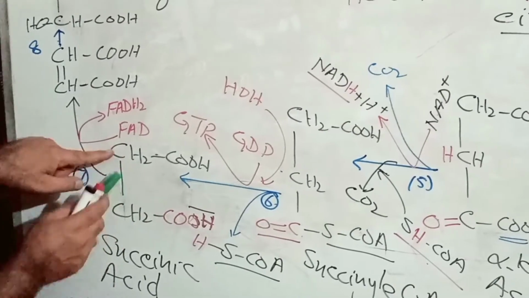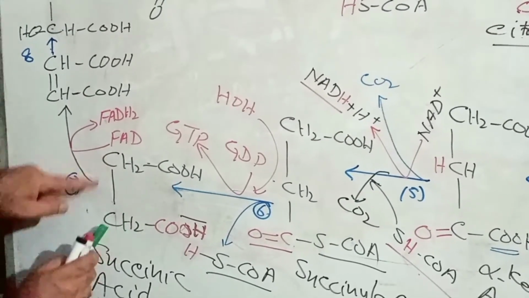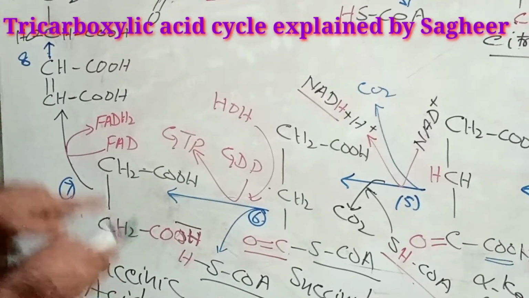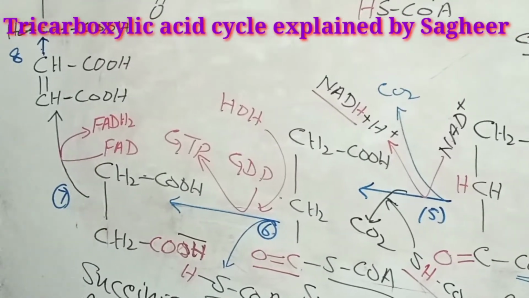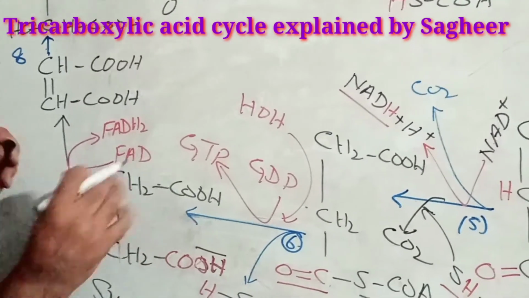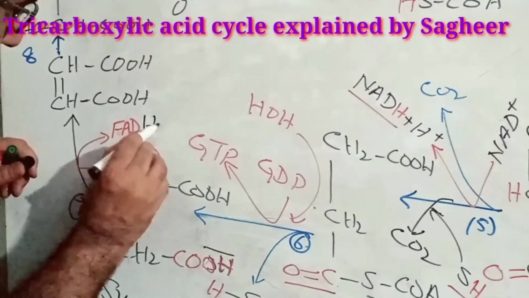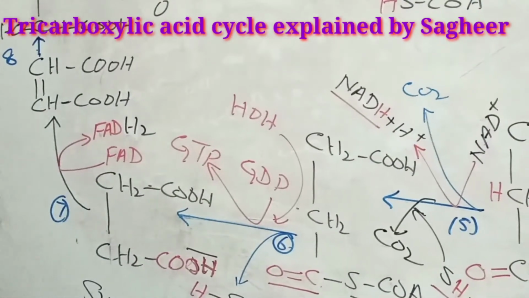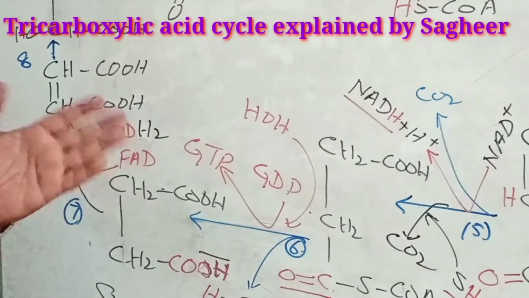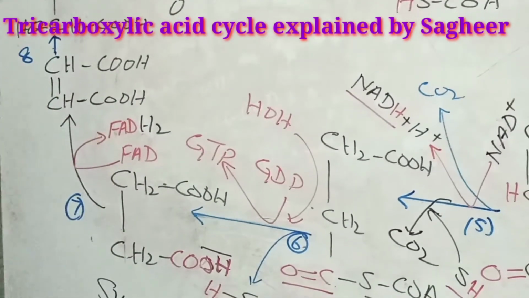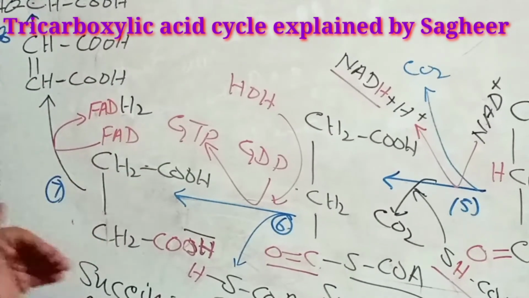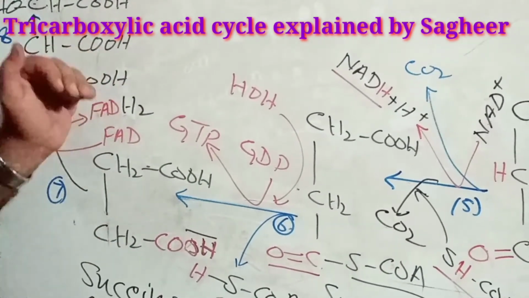Two hydrogen are removed. This is CH2, this is CH2. One hydrogen from here and one hydrogen from here are removed, and these two hydrogen can be shown here. I mean flavin adenine dinucleotide, which I have already explained in my lecture, how FAD becomes FADH2.